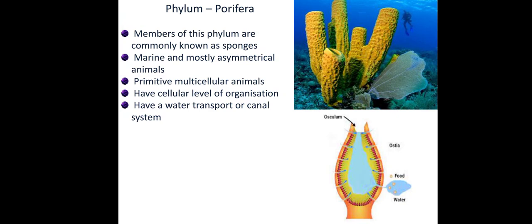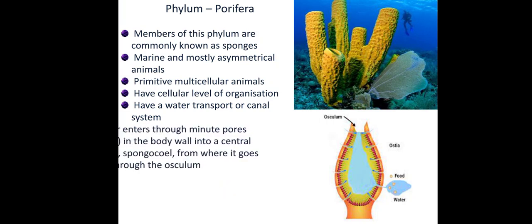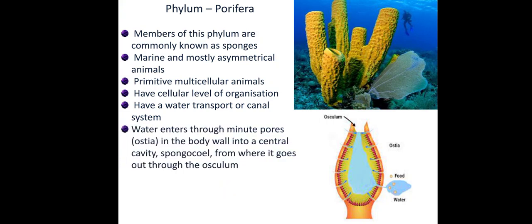They have a water transport system, which is known as the canal system. Water enters through the minute pores in their body, which are known as ostia, into a central cavity known as spongocoel, from where it goes out through the osculum, a bigger pore.